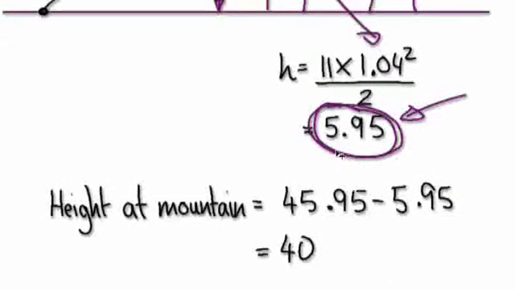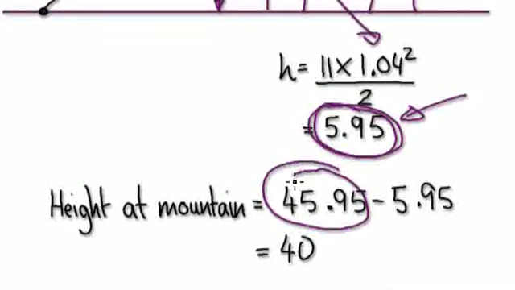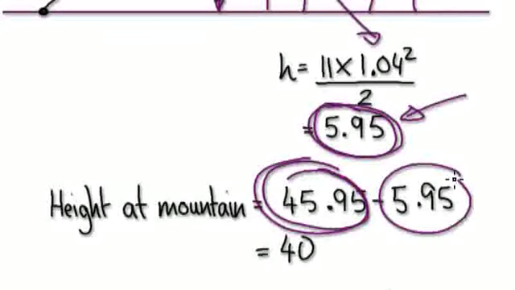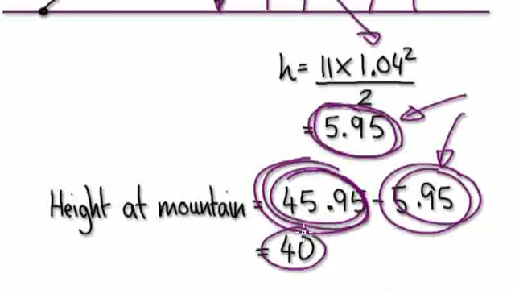Okay, so hang on. So basically, you would get this. Remember, this is the maximum height, and by the time it gets to the mountain, it would have free fallen for this amount of distance here. So you get this, take away this, it would be 40.